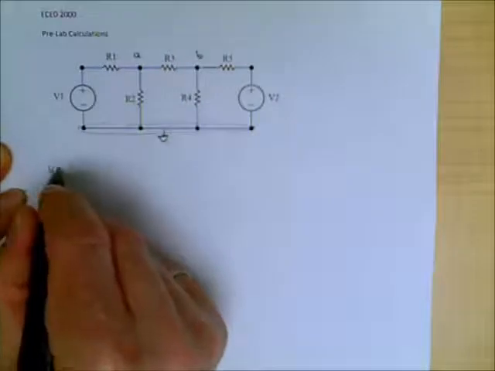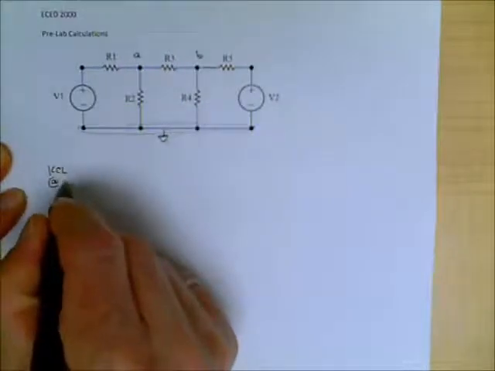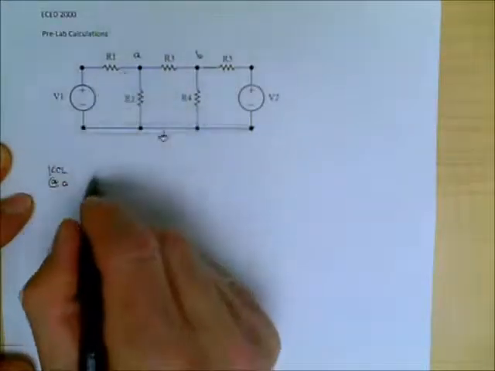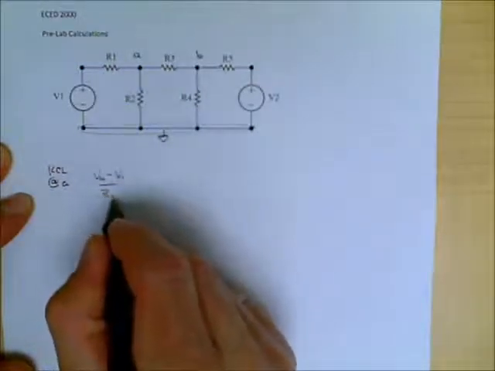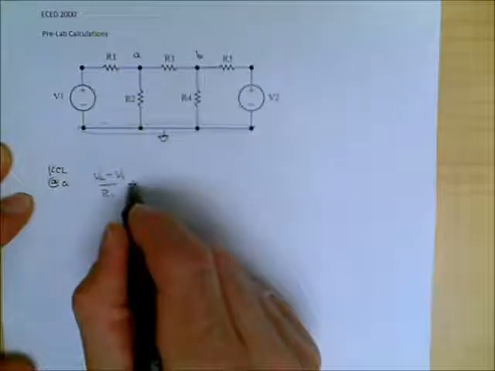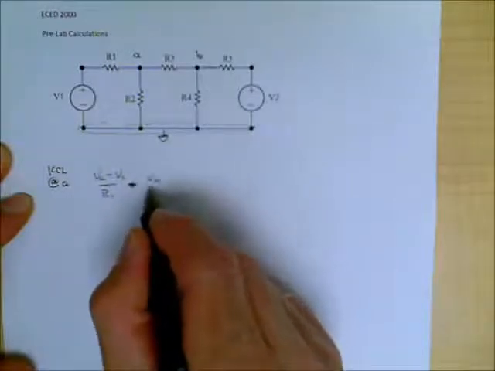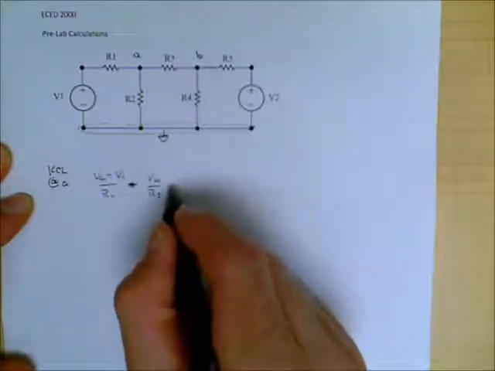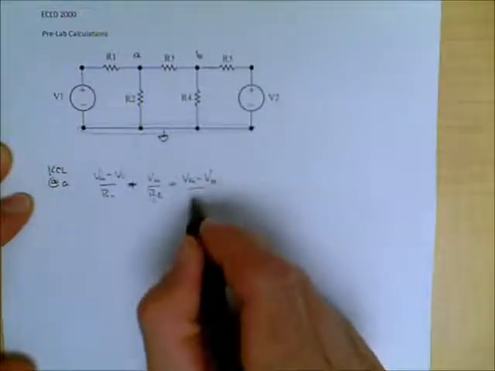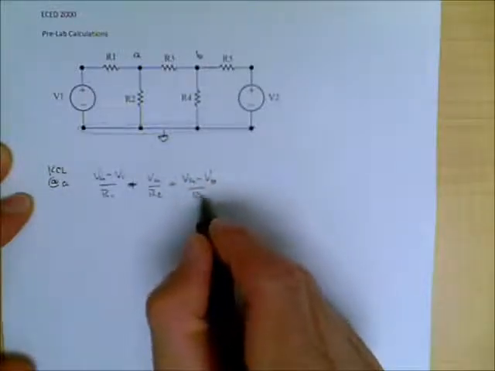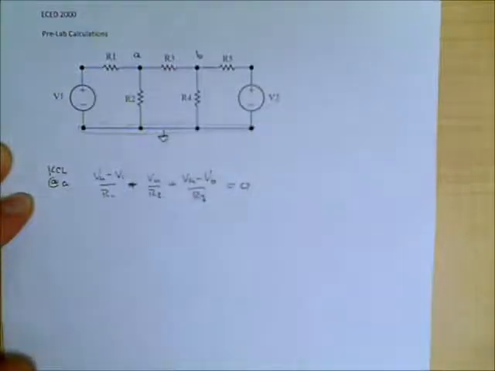So we do KCL at A, and KCL at A says that (VA minus V1) over R1 plus VA over R2 plus (VA minus VB) over R3 is equal to 0.